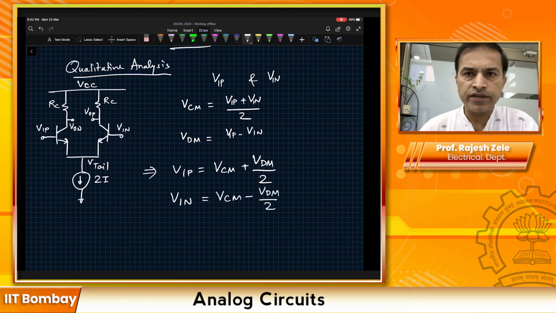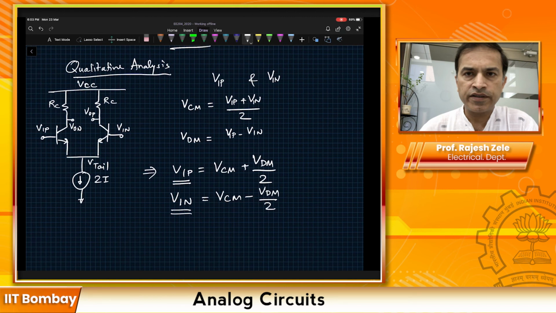What we have done is construct the two input voltages VIP and VIN with a common mode part and a differential mode part. Remember, the common mode part should have the same sign on both sides, whereas the differential part will have a positive and negative sign, and that's why it's called differential signal.